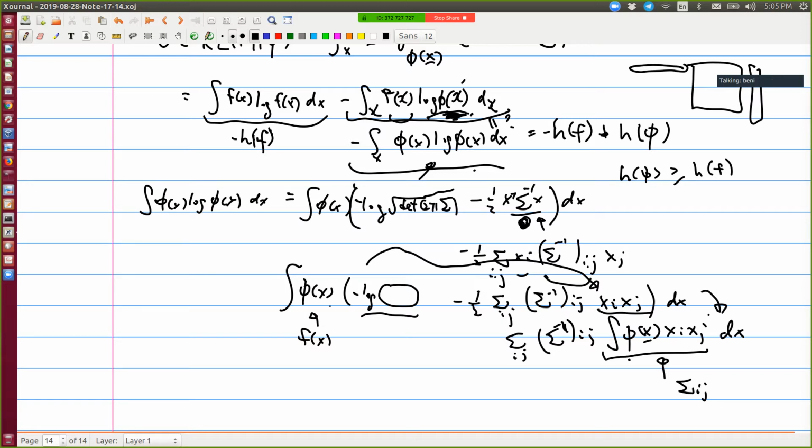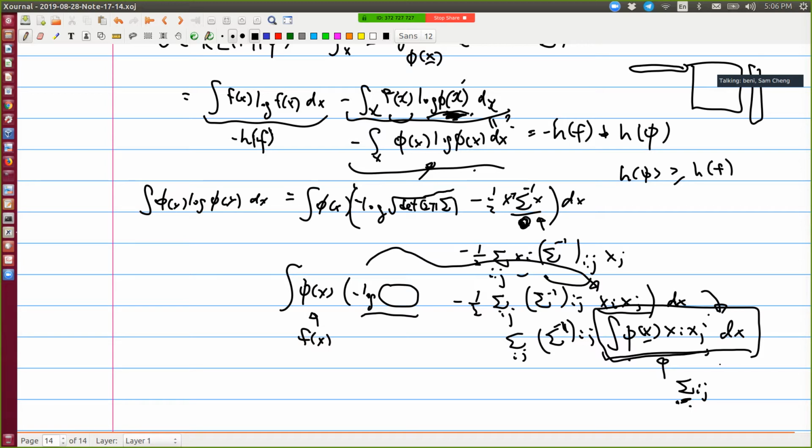It doesn't depend on x, so I just go all the way inside here. But if I look at the integral of this, this is just the covariance, and the covariance for the i component and j component is just the ij component of sigma, the covariance matrix. So therefore, this is just sigma ij.